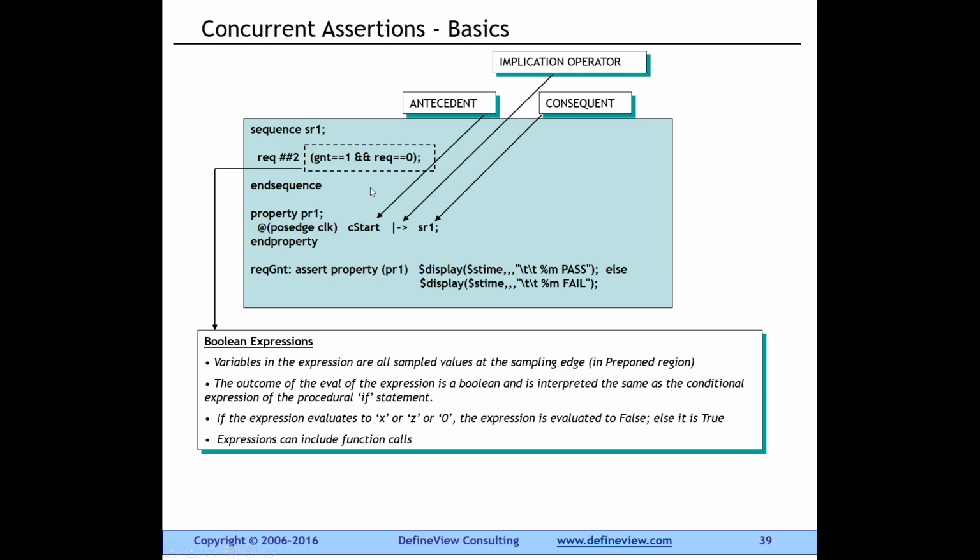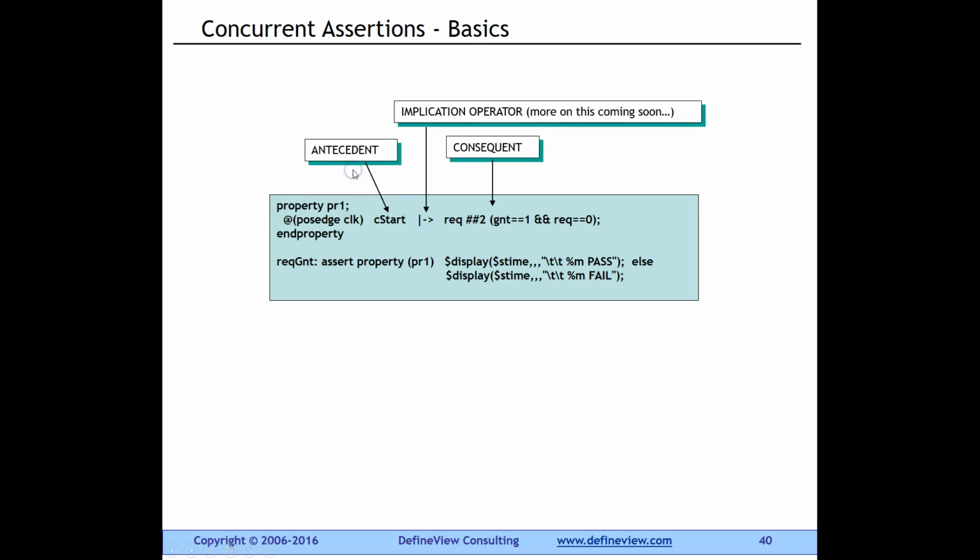That means the property will fail. So that's all in this particular slide. One more point here, that this Boolean expression can also include function calls. So the point is that in the sequence you can have temporal domain like we have on prompt 2, and you can have very sophisticated expressions including function calls.